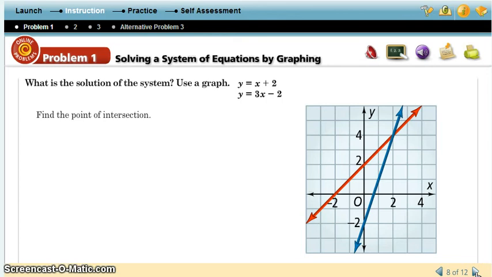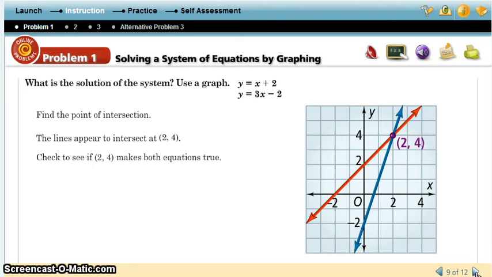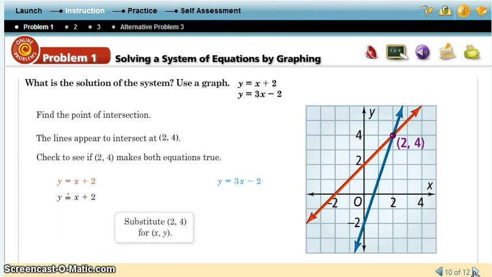Find the point of intersection. The lines appear to intersect at the point (2, 4). Check to see if the point (2, 4) makes both equations true. Substitute (2, 4) for x, y into the first equation.